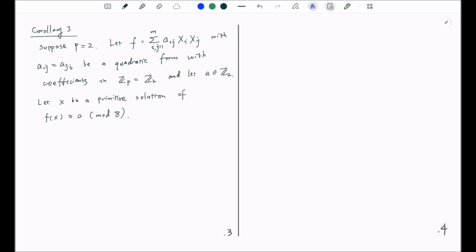Now, corollary number 3 states that we can lift this x to a true solution of f equal to A in Zp, which is now Z2, provided that x does not annihilate all the partial derivatives of f modulo 4.